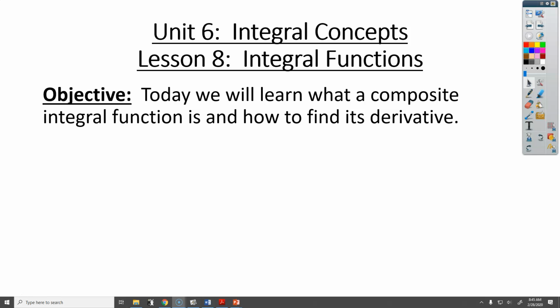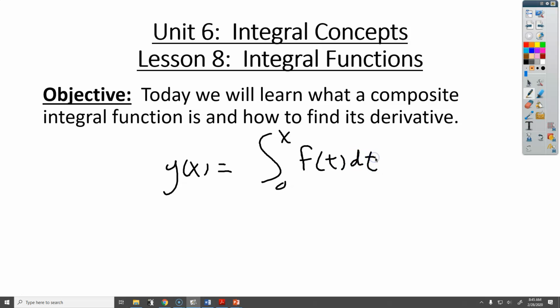Now, we already know how to find the derivative of a normal integral function. Like if I told you guys I have this, what is the derivative? It's f of x. That's nice and simple. But this is not a composite integral function.